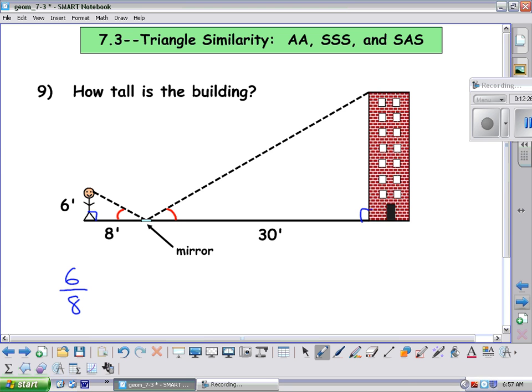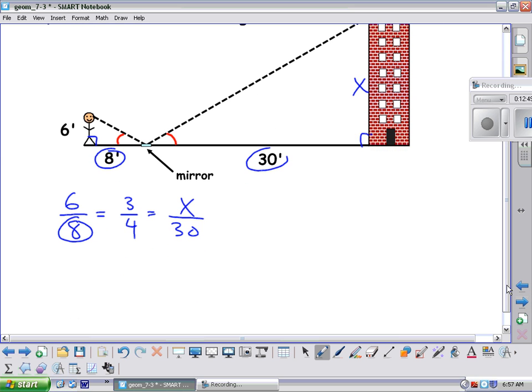So 6 is to 8. Let's simplify that to 3 over 4. And that must equal the 8 is to the 30. If this was on the bottom here, this 30 has to be on the bottom there. And my unknown is the height of the building, x right there. Let's run our math.